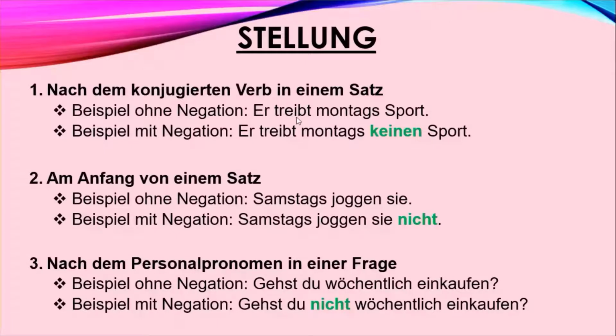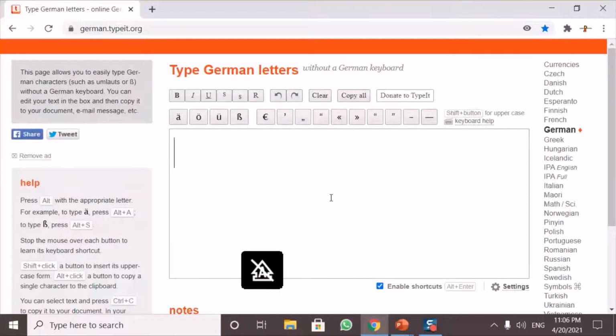And treiben is the verb that is used here. Treiben means to do and is used with the noun Sport to mean to do sport. And this is a regular verb.